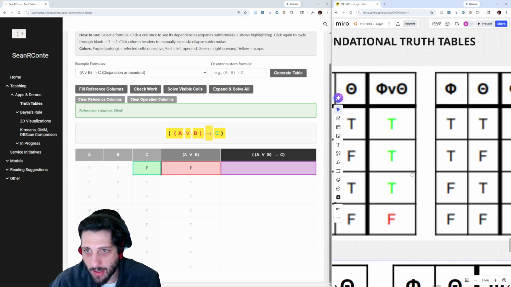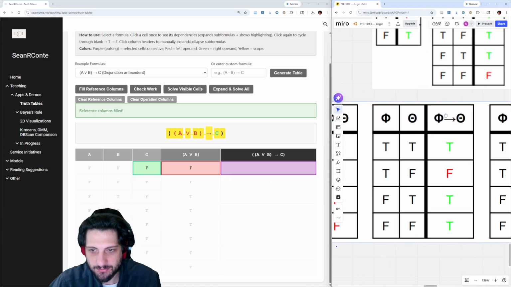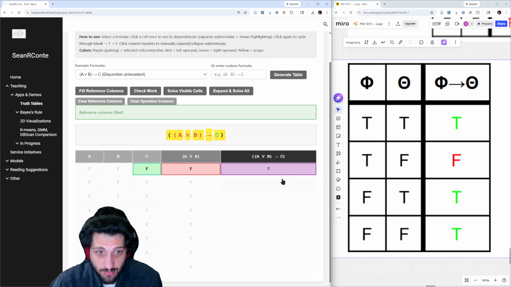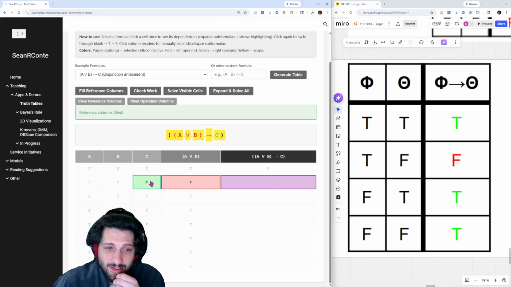So now I'm looking at a conditional, that's the thing that's pulsing. The only time I'm ever going to call this false is if I have a true on the left and a false on the right. Here I have a false and a false, so I'm going to call this true. True on the left, false on the right? No. This C is on the right-hand side.